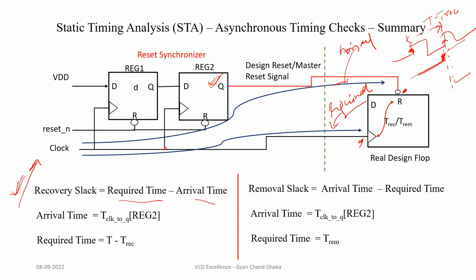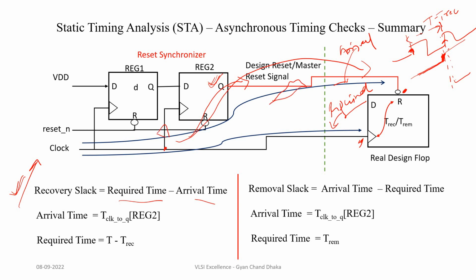So at this clock edge, the active clock edge will apply to this flip-flop, and the reset signal will be launched by this flip-flop, and it will come to our design flip-flop reset pin. So this will become the arrival time. In this particular scenario, our arrival time is nothing but the clock to Q delay of this flip-flop. We do not have any combinational logic or any kind of skew inserted here.